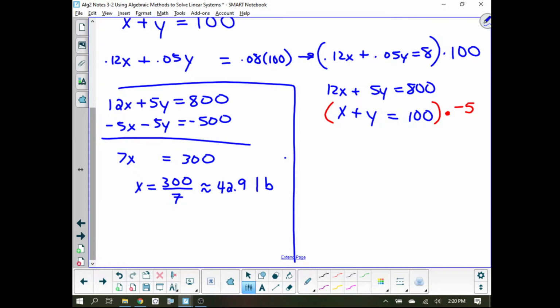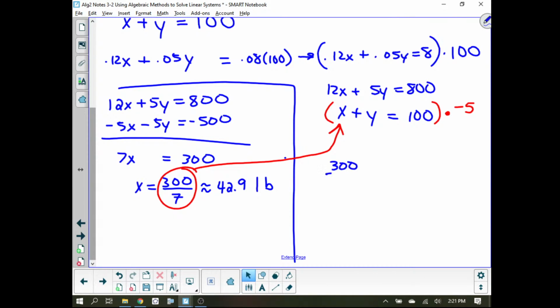All right, then we still need to get y. How do I do that? Plug it in. But we should not plug in the decimal. We should plug in that fraction, because this was rounded. I would plug it into right here. So that will give me 300 over 7 plus y equals 100.